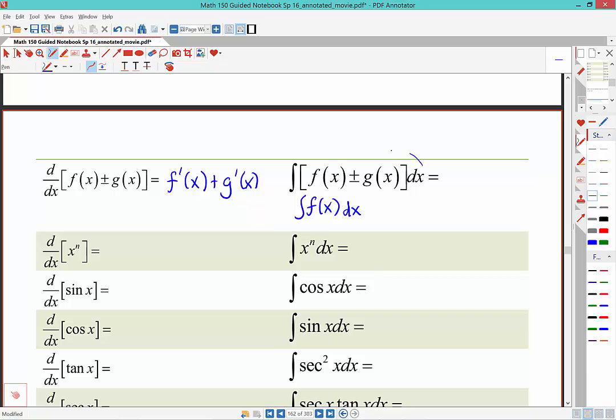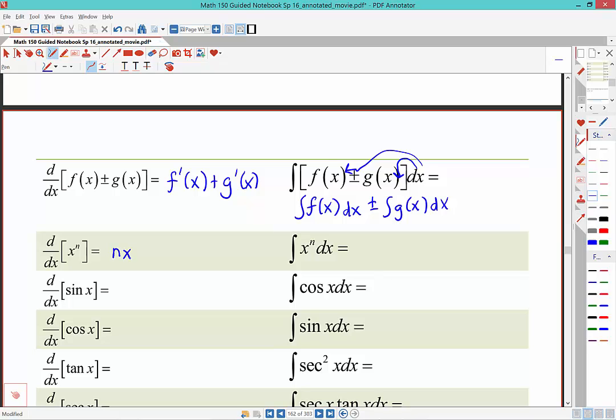So the dx goes into both of them, like it just distributes in there, and you'll get this result. Good so far? Great.